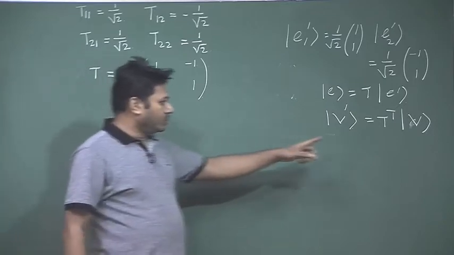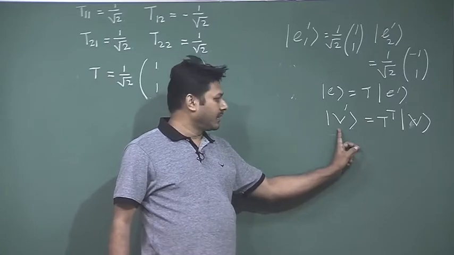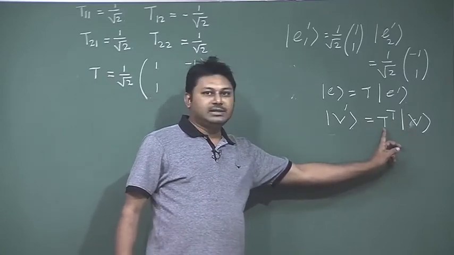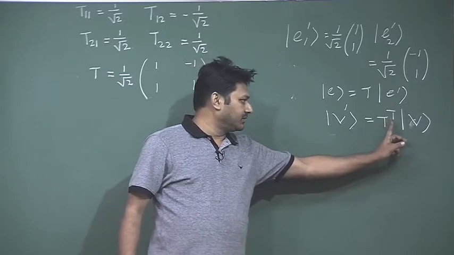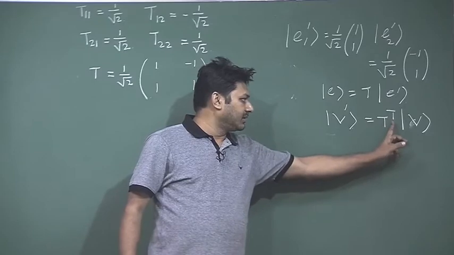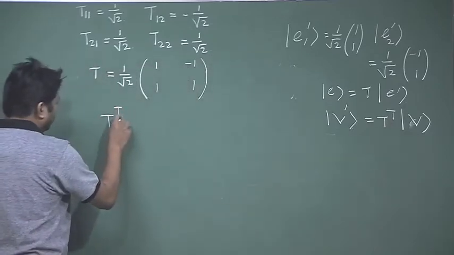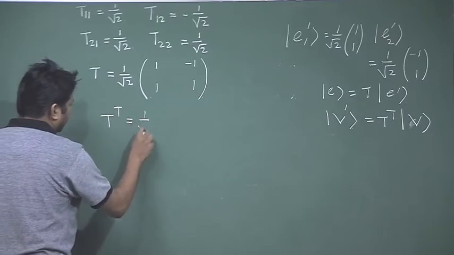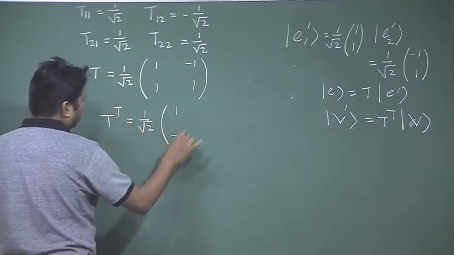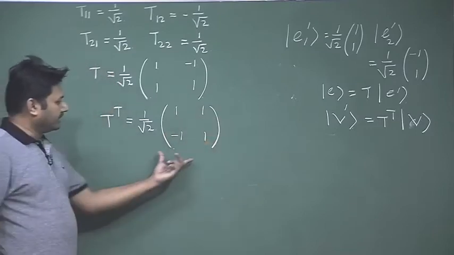Now according to the rule, if I want to find out the vector component in the prime frame, I need to multiply T transpose, so let me transpose that. So T transpose will be 1 minus 1 1 1. This is my T transpose.